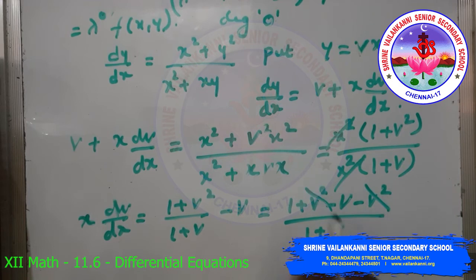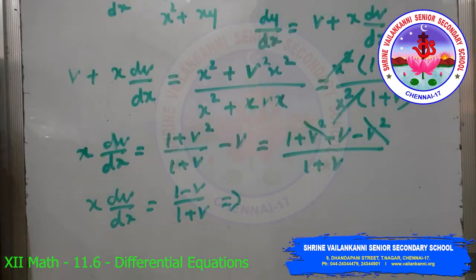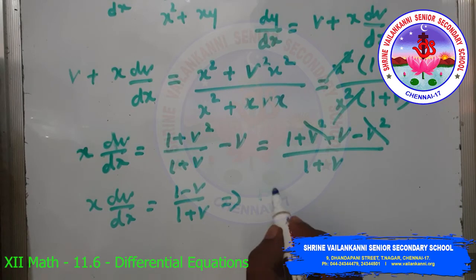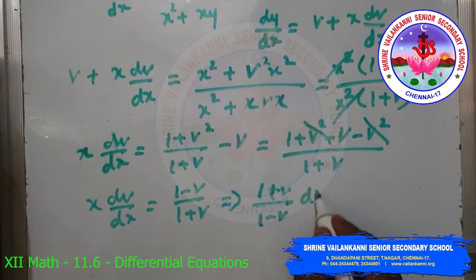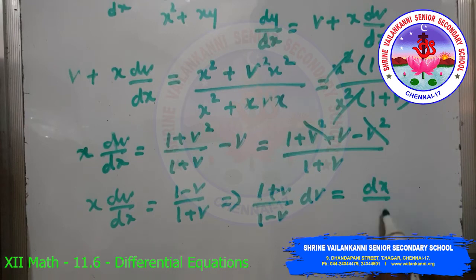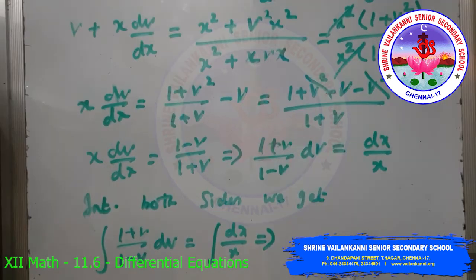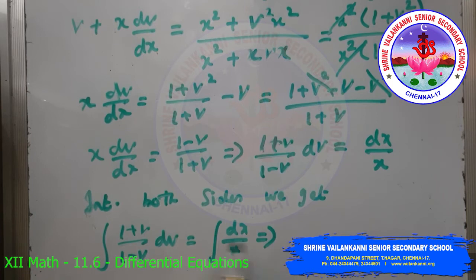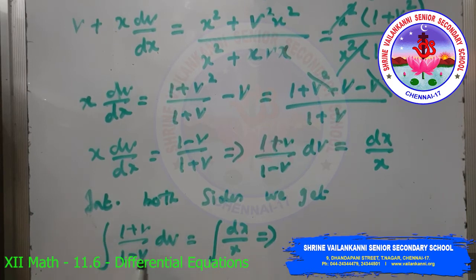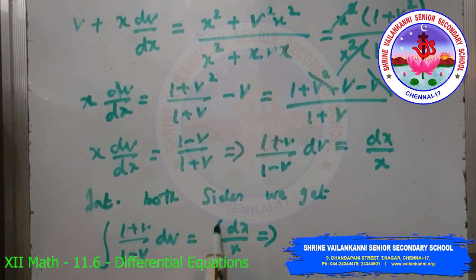Cancelling v², we have x dv/dx equal to (1 − v)/(1 + v). Separating the variables, we have (1 + v)/(1 − v) dv equal to dx/x. Integrating both sides, we get the integral of (1 + v)/(1 − v) dv equal to the integral of dx/x.